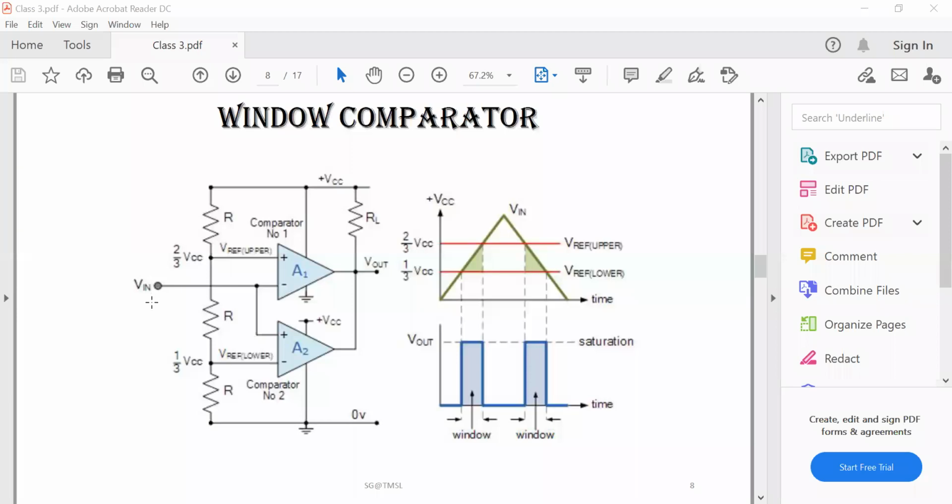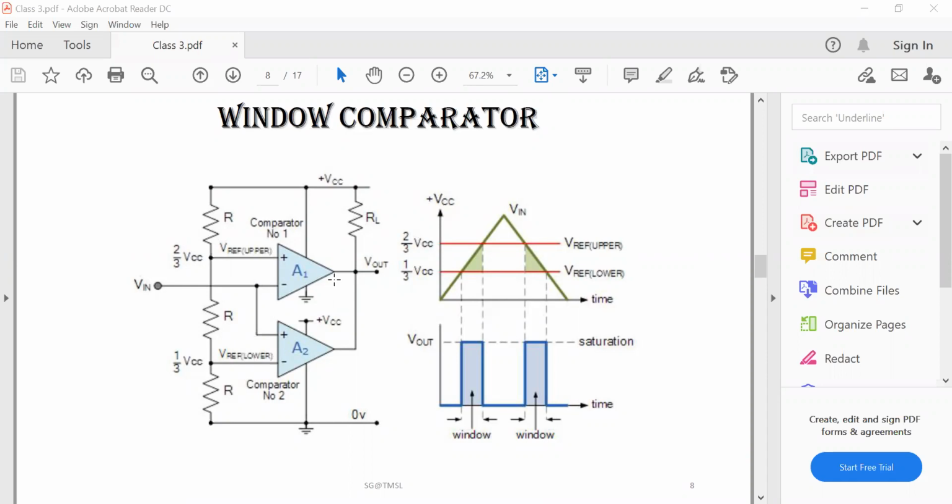As the resistive values are all equal, the voltage drop across each resistor will also be equal, at 1/3 the supply voltage. In this simple window comparator example, you can set the upper reference voltage to 2/3 of VCC, and the lower reference voltage to 1/3 VCC.